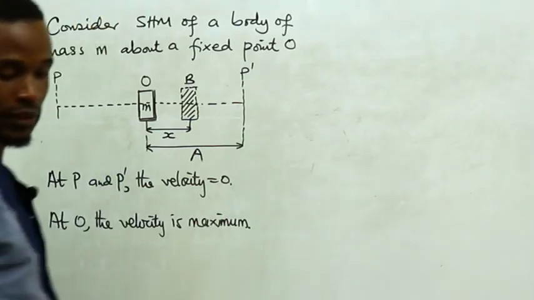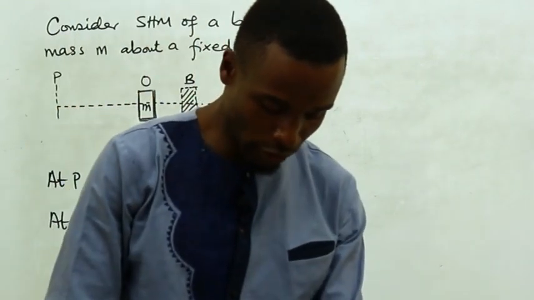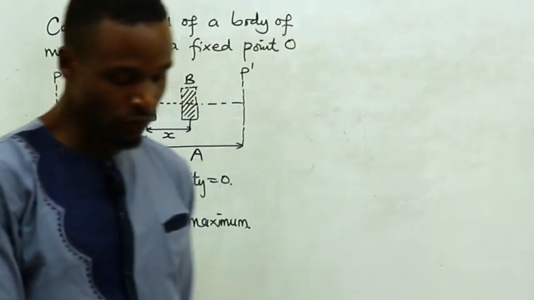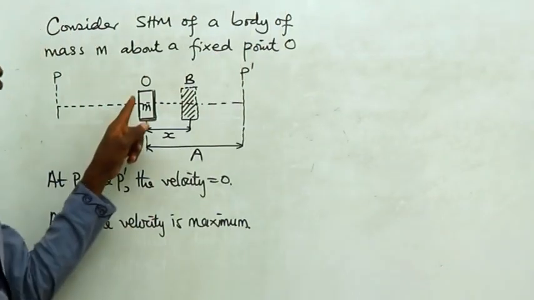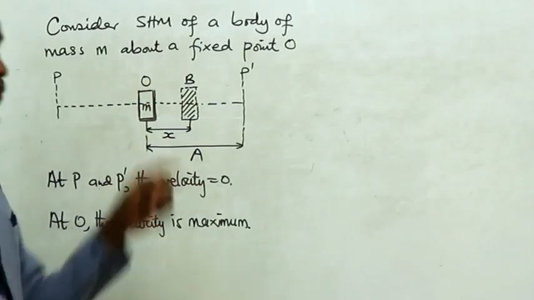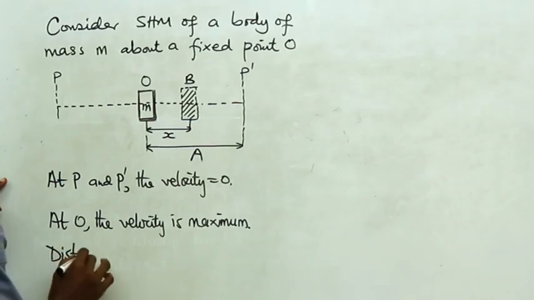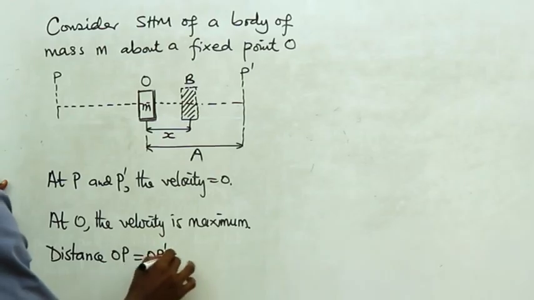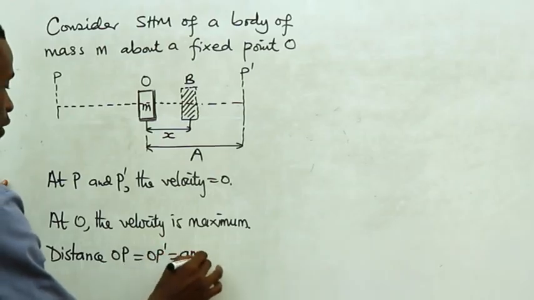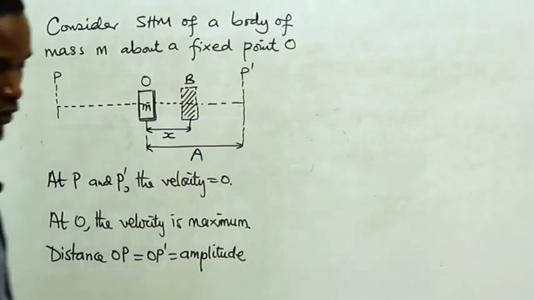Please observe that the velocity is maximum at point O. Now the distance OP prime is what we call the amplitude. Distance OP, which is equal to OP prime, is what we call the amplitude.